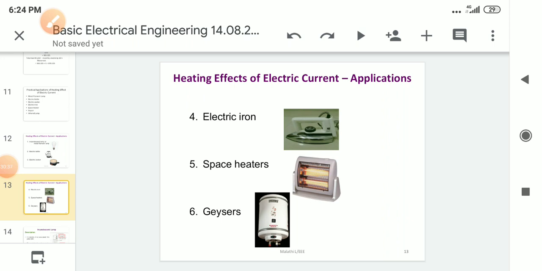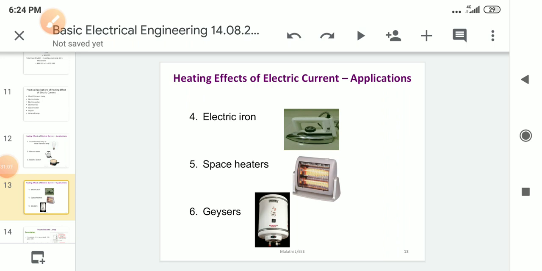In our homes we are using a heater. If we keep that heater in a bucket of water, then the water is only warm. But this is the case of a geyser. A geyser is a device used for heating water, and it also provides a continuous supply of hot water.